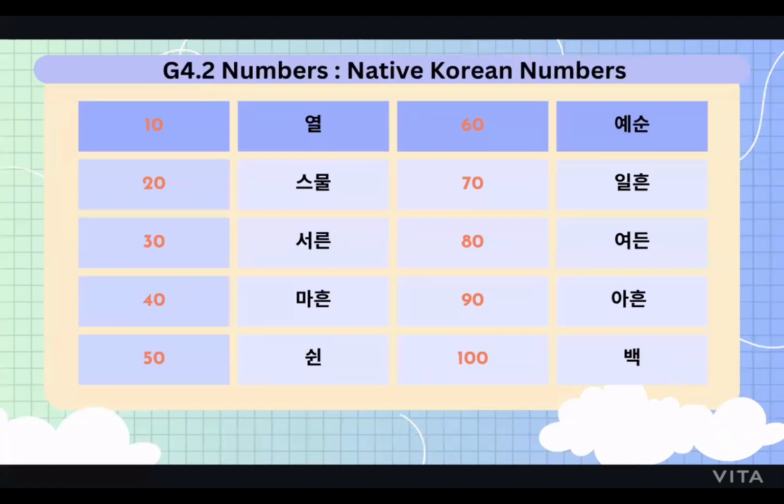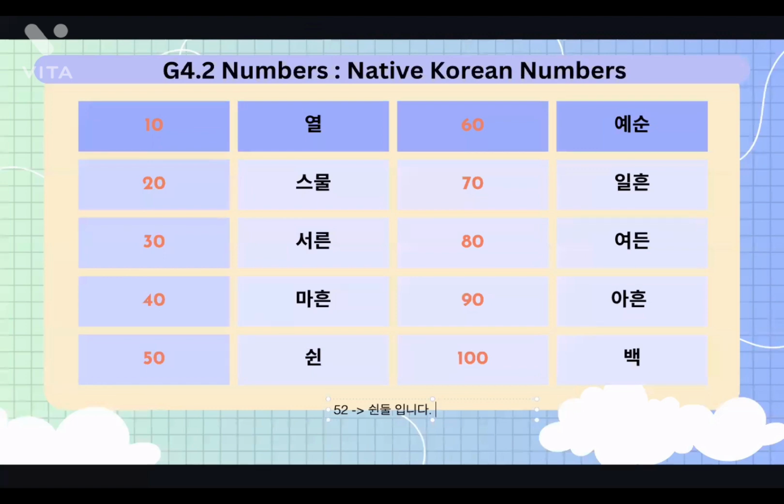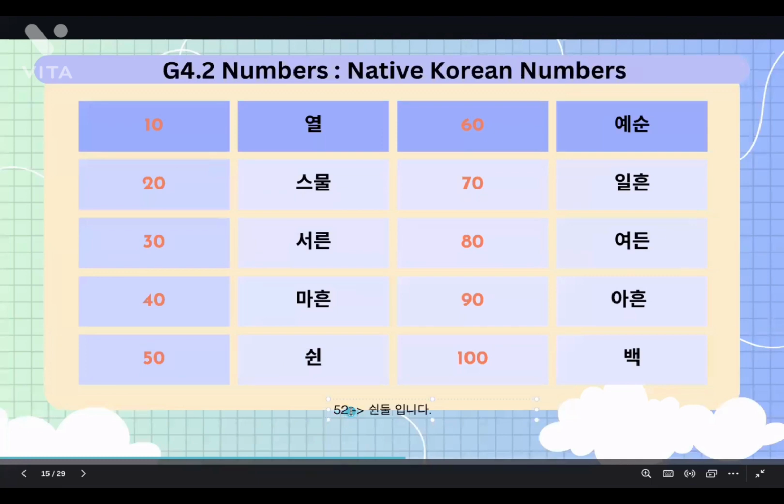Then when can we use these native Korean numbers? Especially when you mention your age, we always use native Korean numbers. For example, oh, how old is your mom? She is, for example, 52. Then you can say 쉰 둘입니다. Because 쉰 means 50 plus 2. So 2 is 둘이 됩니다. So 쉰 둘입니다.